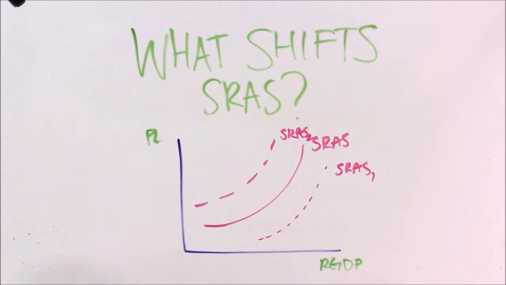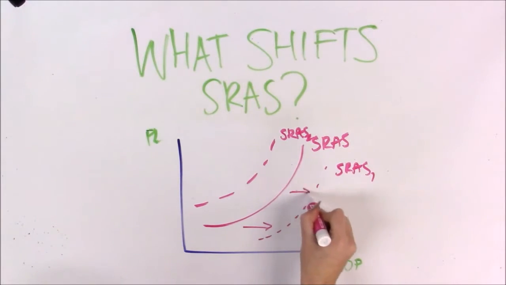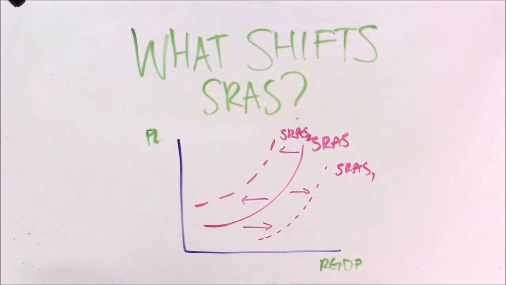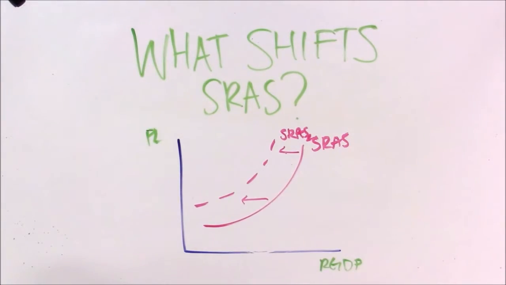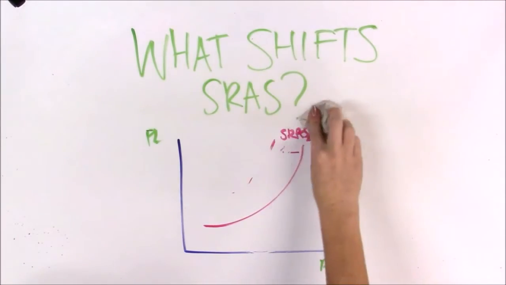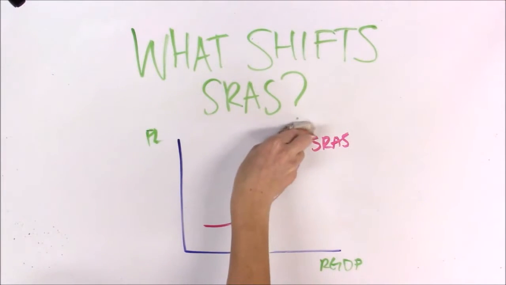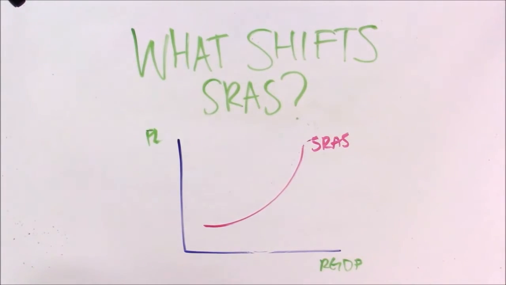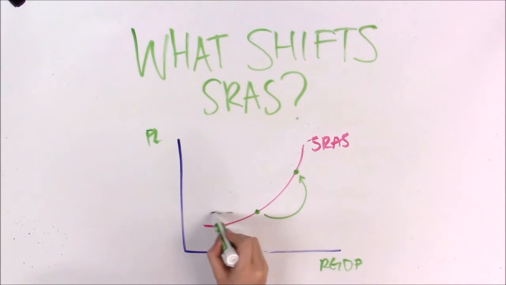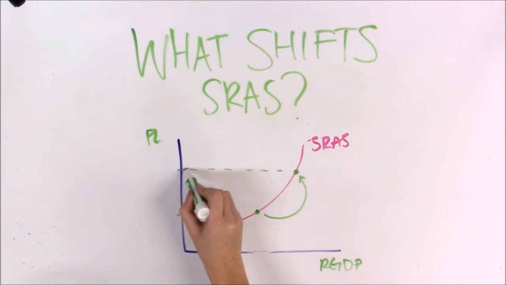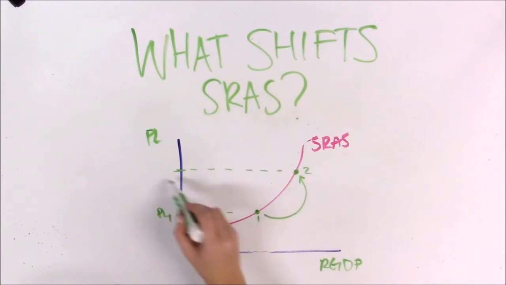When short-run aggregate supply shifts to the left or inwards, price level is higher at every output level. This is shown by short-run aggregate supply 1 being the outward shift and short-run aggregate supply 2 being the inward shift. If the price level increases or decreases, then there would be movement along the supply curve instead of a shift inwards or outwards.